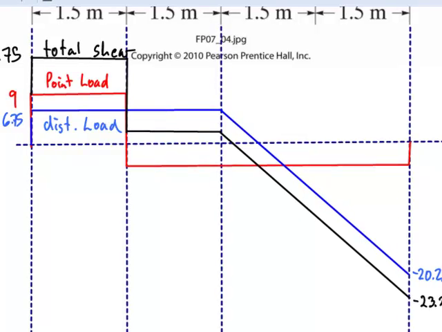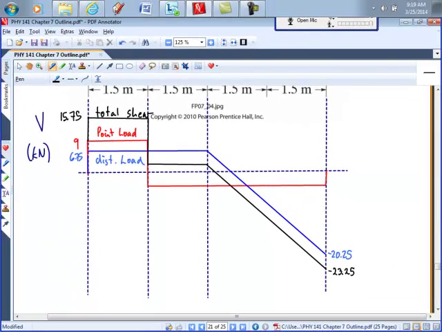Okay. I'm going to skip ahead because we're using superposition, but we're not really using the benefit of superposition. The benefit of superposition is the fact that common loadings are tabulated. So we don't have to figure all of these out. We just plug in the numbers.